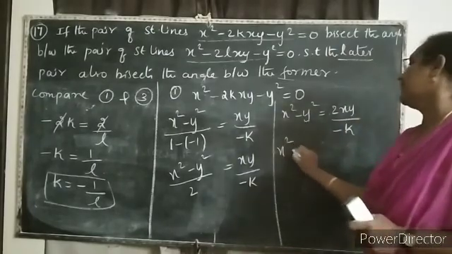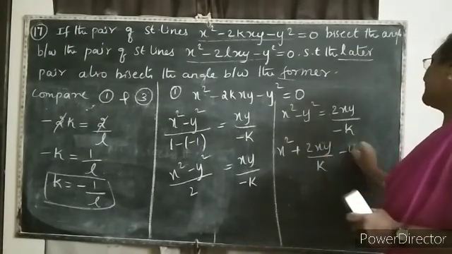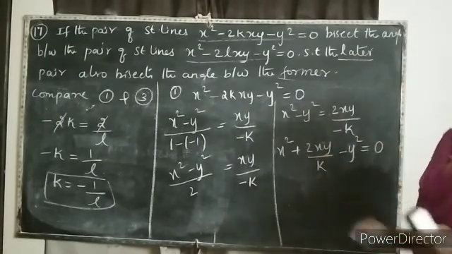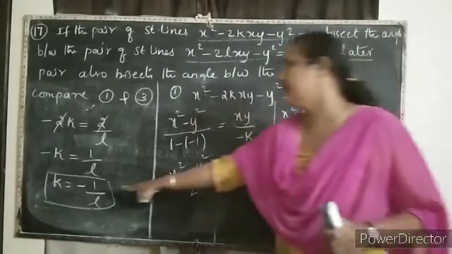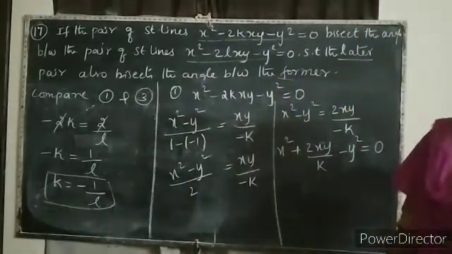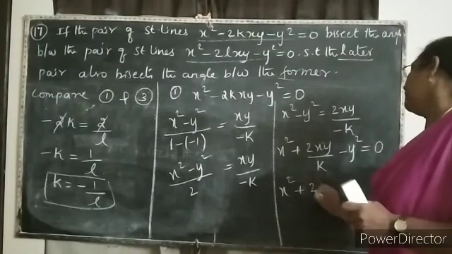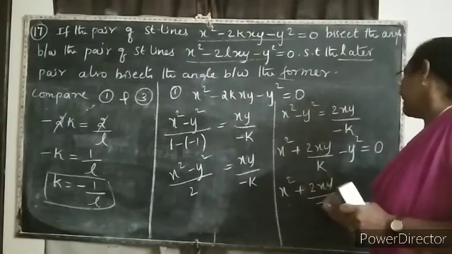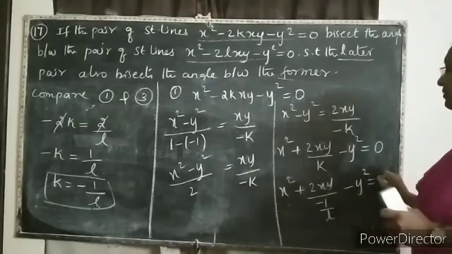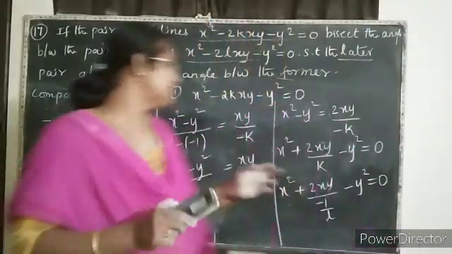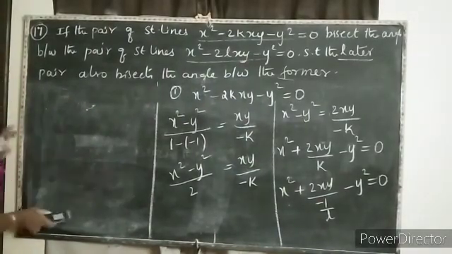So, this becomes x squared plus 2xy divided by k minus y squared equal to 0. Here, in place of k, I am going to substitute the value of what? Minus 1 by l. So, x squared plus 2 into xy divided by minus 1 by l minus y squared equal to 0. Now, let us rearrange it again. So, reciprocate the values.